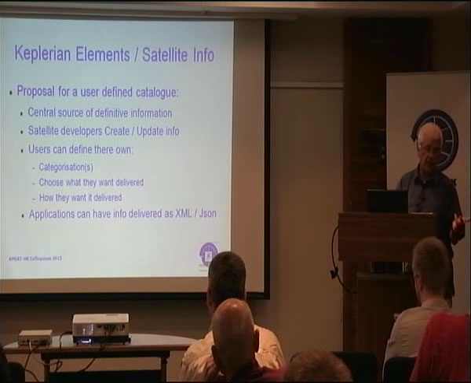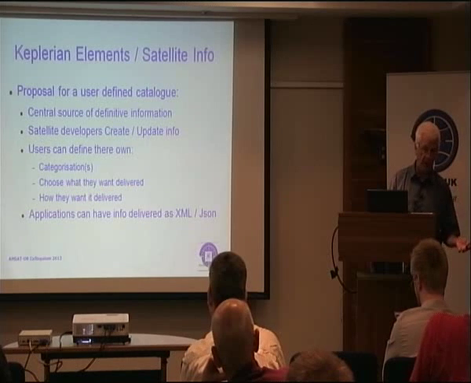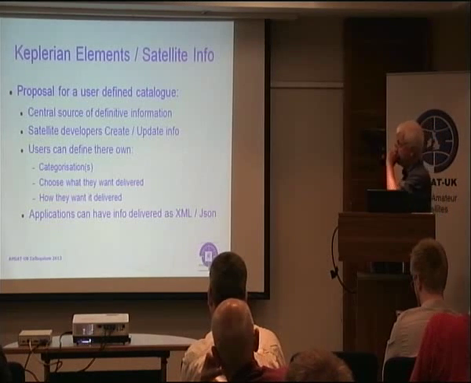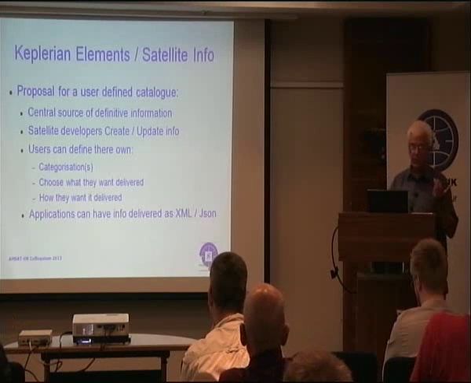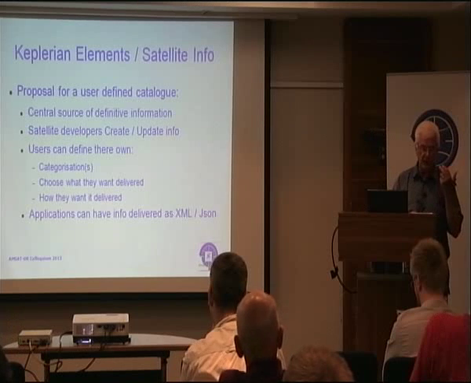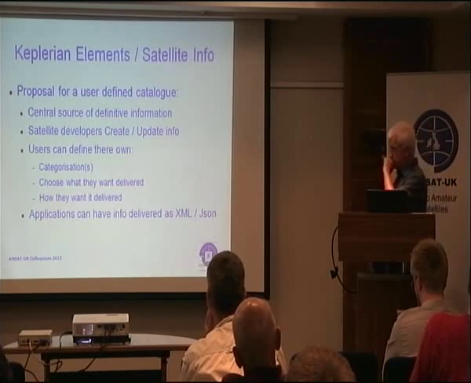For our friends in the Earth observation group, they want to be able to define what their weather satellites are. Are they alive? And they also want to choose what's delivered.